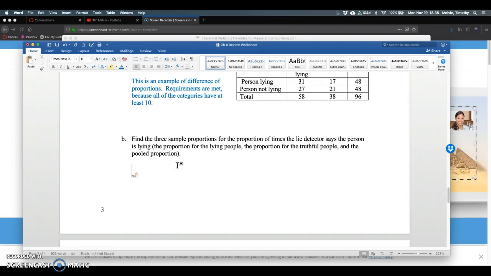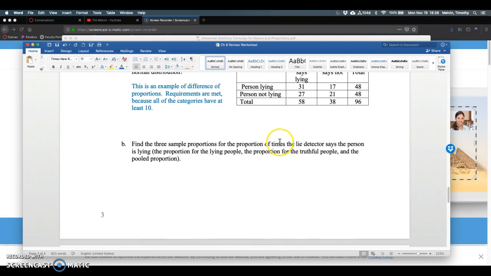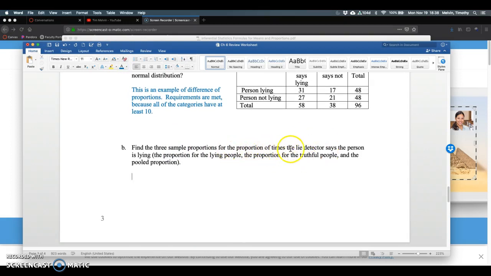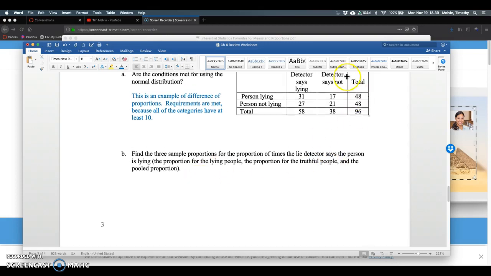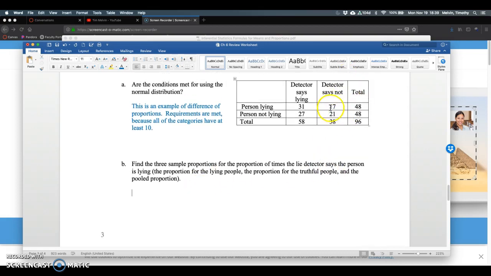Okay, so now we're looking at three different proportions here. Find the three sample proportions. So for the proportion of time the lie detector says the person is lying, we're looking at only that proportion.